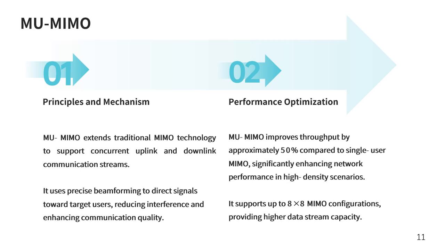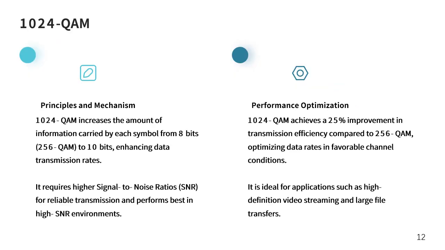Okay, now let's turn to the third pillar of the Wi-Fi 6 physical layer, 1024 QAM. This one is a key enabler of Wi-Fi 6 raw speed. For principle, 1024 QAM is fully named quadrature amplitude modulation.